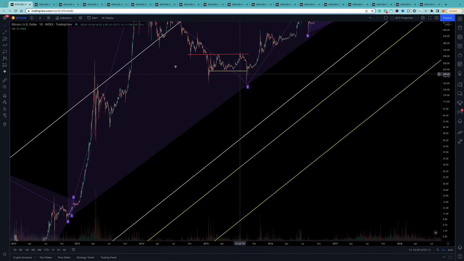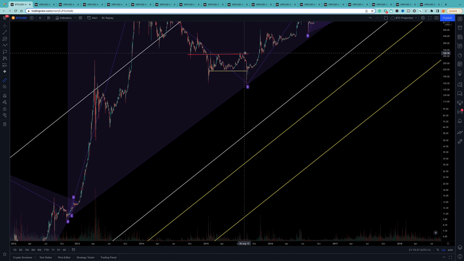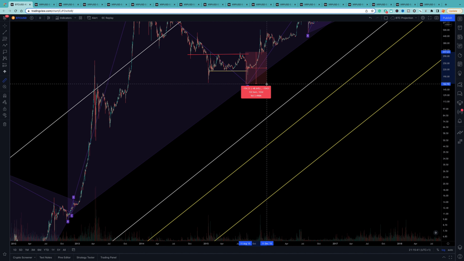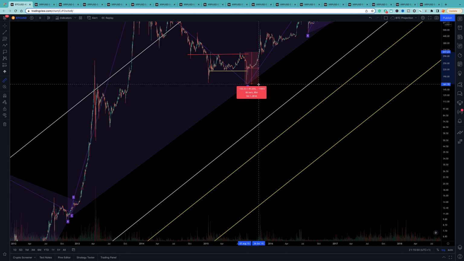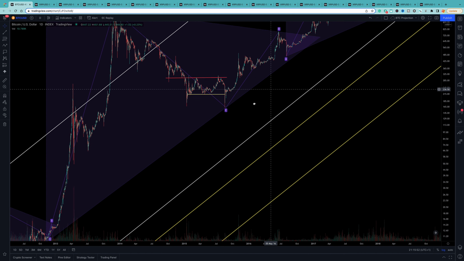Now this might look small. Remember, this is on the log scale, so from the top to the bottom here is 48%, yeah, 48%.